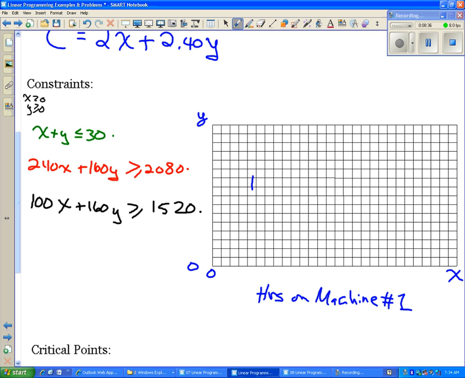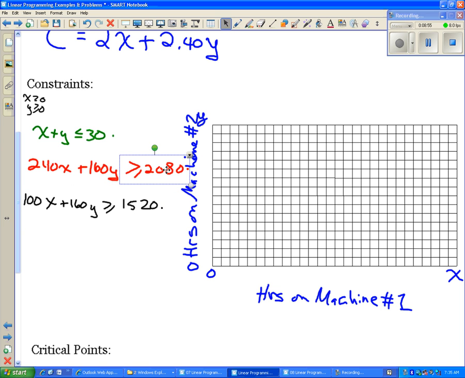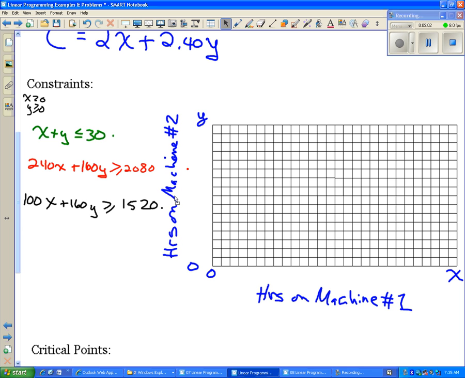And over here, this is hours on machine number 2. Okay, I'm going to scoot this over just a little bit, shrink that down, and make sure I have enough room. I did say that I was counting by 2s, so I want to go ahead and graph my constraints.